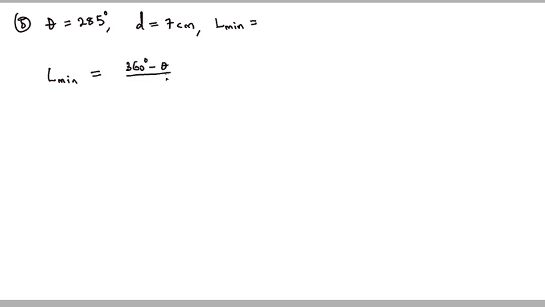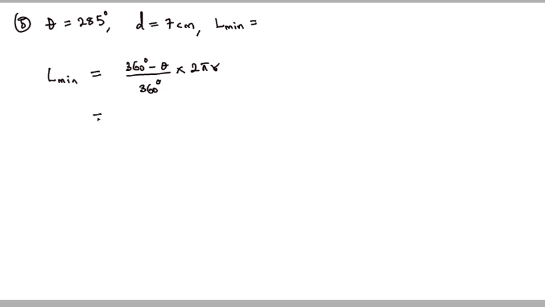I'm not given the angle of the minor arc, but I'm given the angle of the major arc. So this is why I need to do this over 360 degrees, then times 2 pi r.